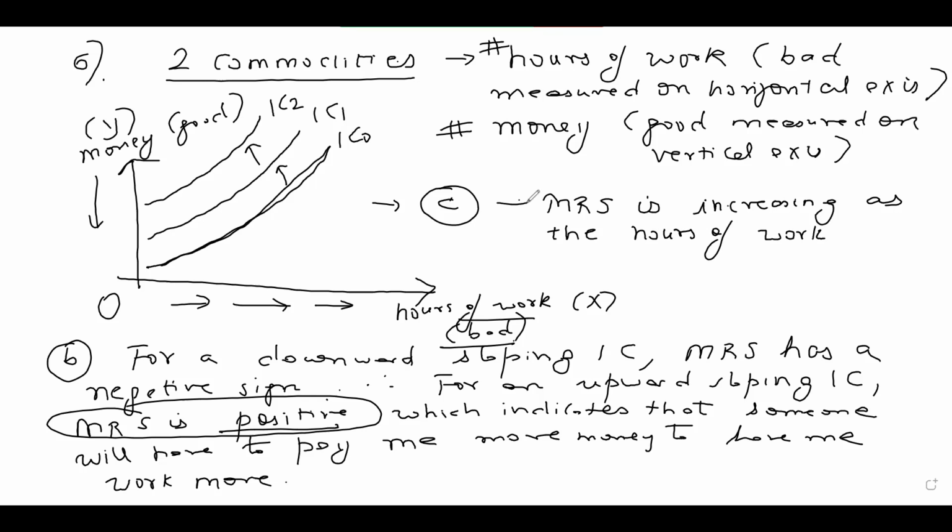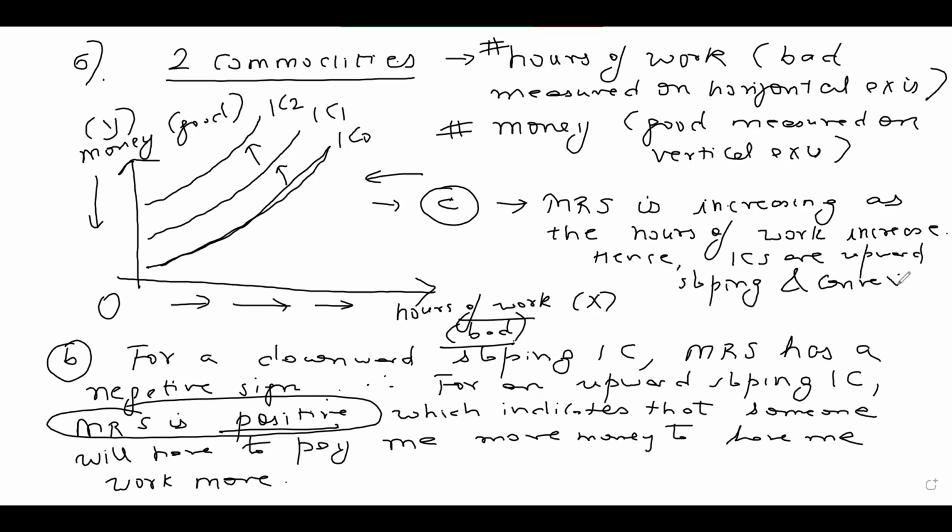This is my answer for part C, and this is the diagram for part C. Hence, the indifference curves are upward sloping and convex. With this, we are done with our discussion of problem number 6.